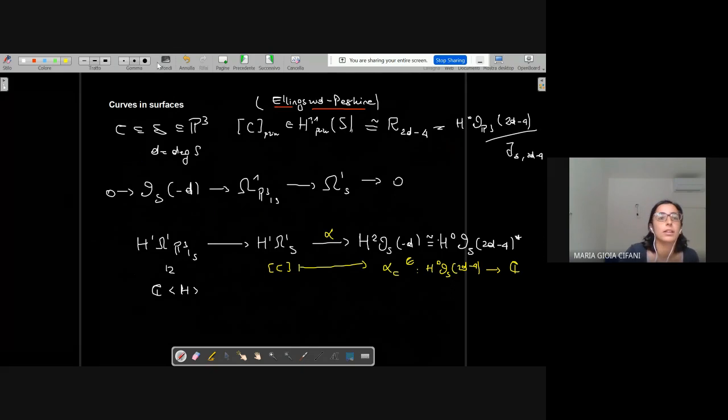Okay, we can think of the hyperplane class here going to the hyperplane class restricted to S, and we can here think of quotienting by this class.